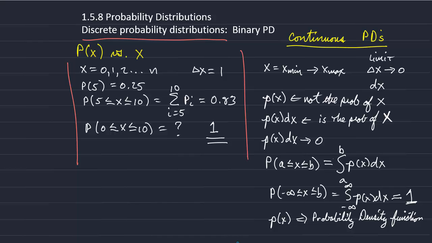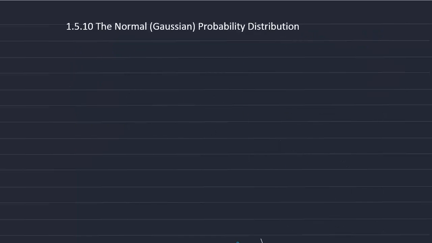That is what defines the continuous probability distribution, or sometimes we'll refer to that as a PDF, probability density function. Now, an example of a widely used continuous probability distribution is the normal probability distribution, or the Gaussian distribution.